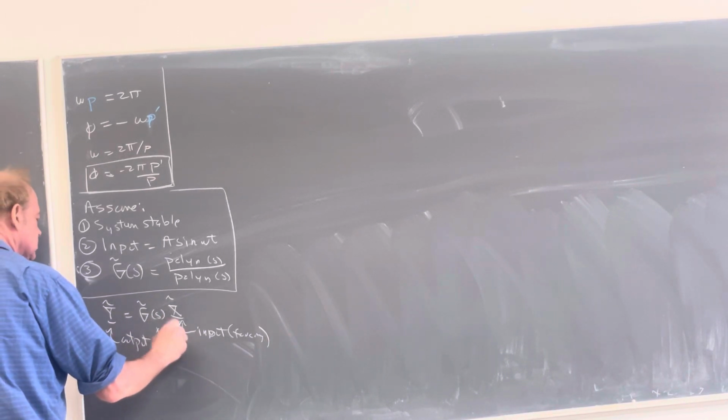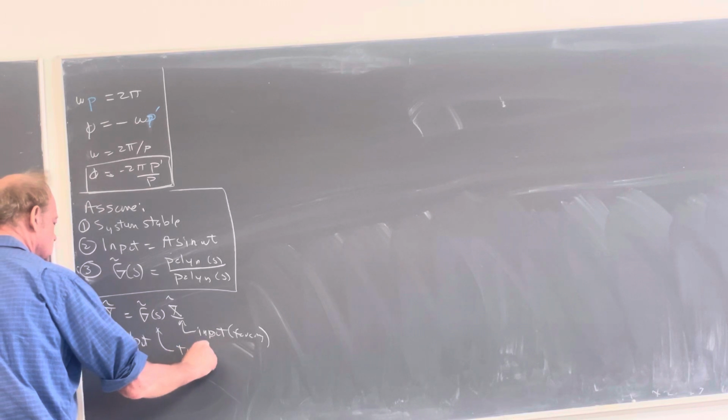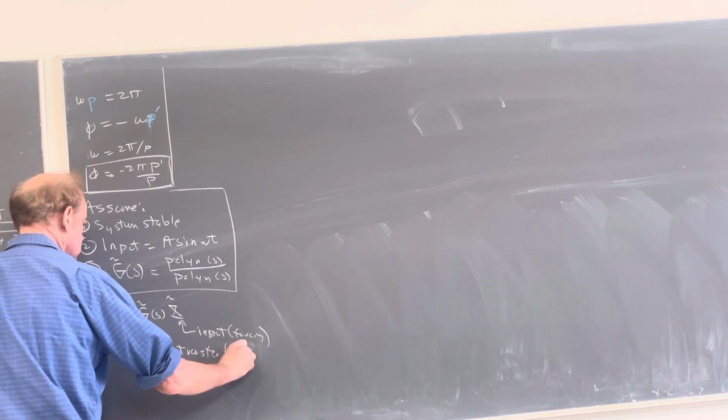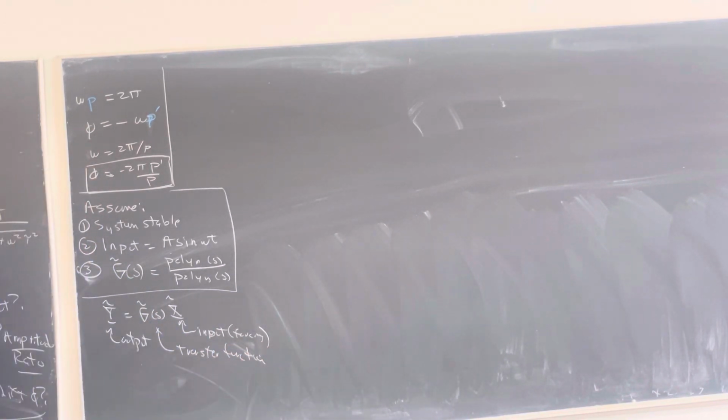And this is, of course, the transfer function. We said it was nice to break it up this way because the transfer function has all the system information, and x has the input information. So in the S plane, the S universe, we're separating out the input information from the system information. G tilde has the system information, x tilde has the input information.